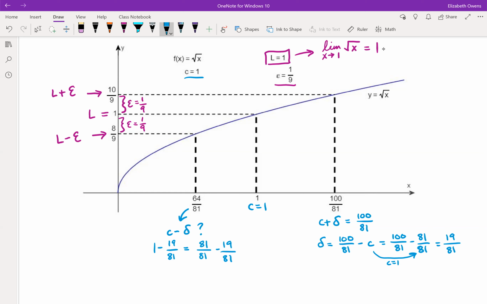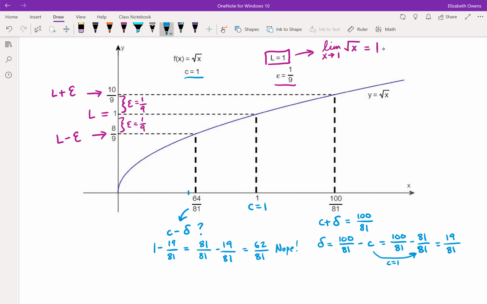That would be 62/81. And we can see that that is not that value right there. So 62/81 would be like here. Uh-oh. So, nope.